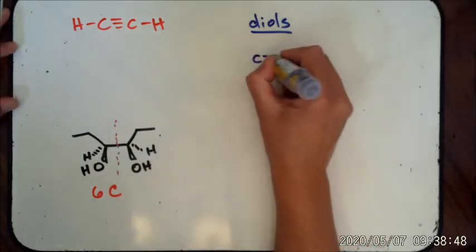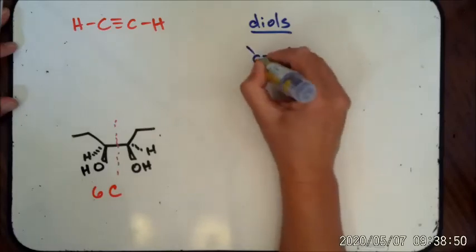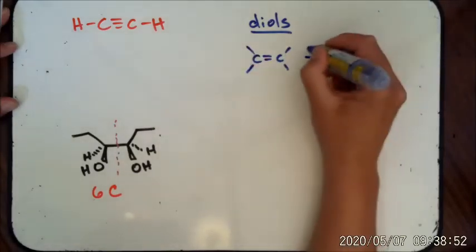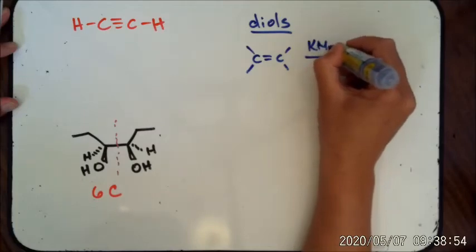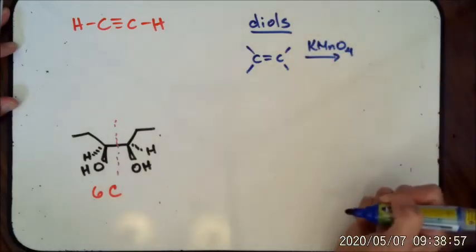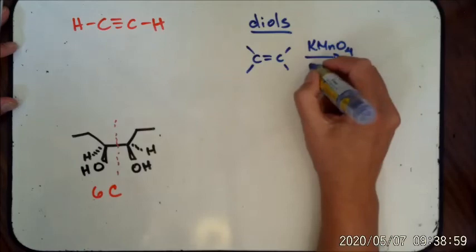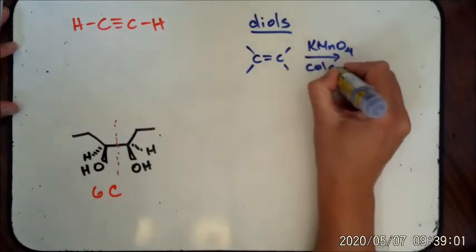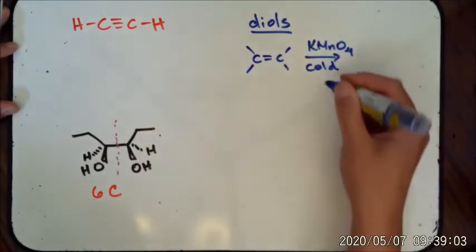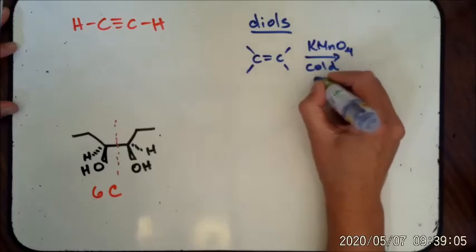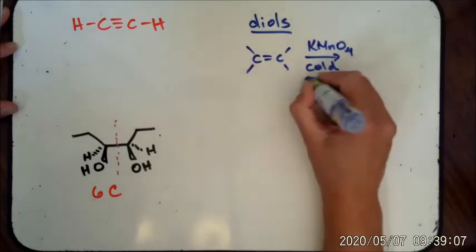If you have an alkene, you can use potassium permanganate, right? And remember, this had to be cold, with a little bit of base.